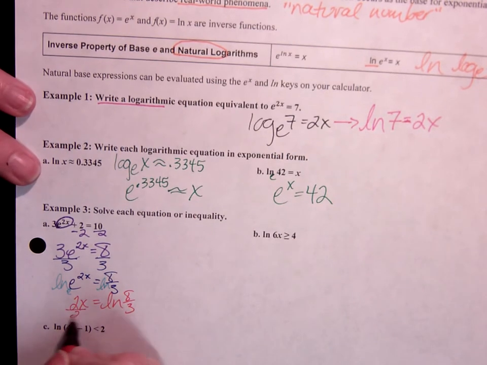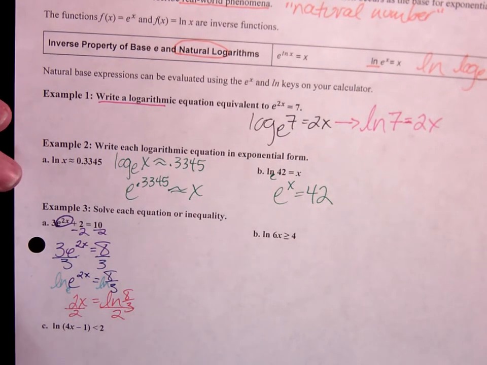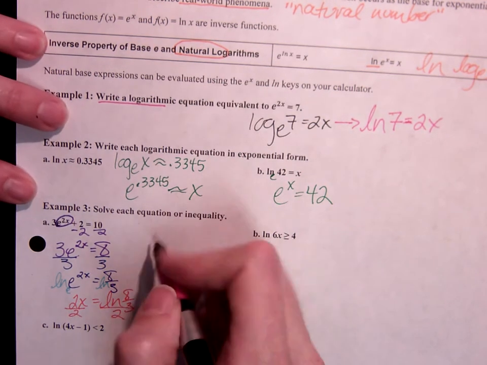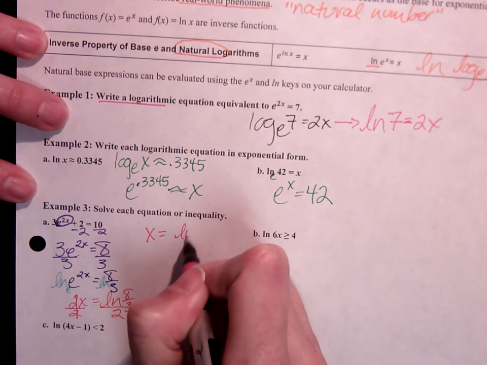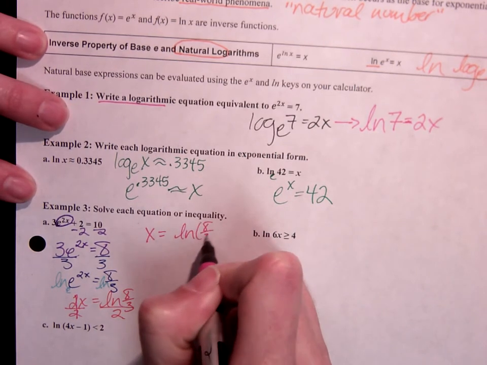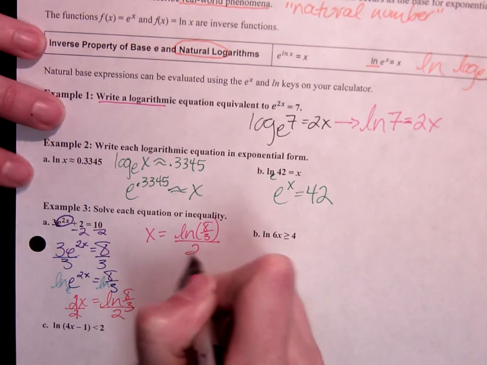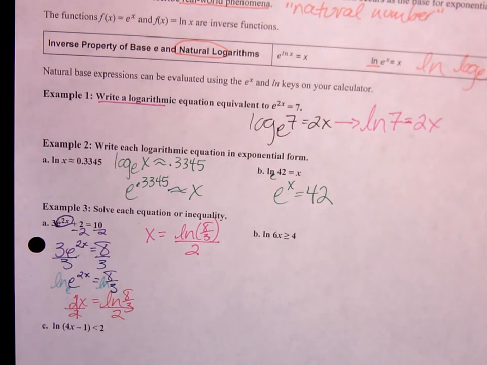Divide by 2. And then we just put all that in our calculator. So we know that x equals the natural log of 8/3, all divided by 2. While that's our exact representation, if I didn't want to approximate, we would stop there.